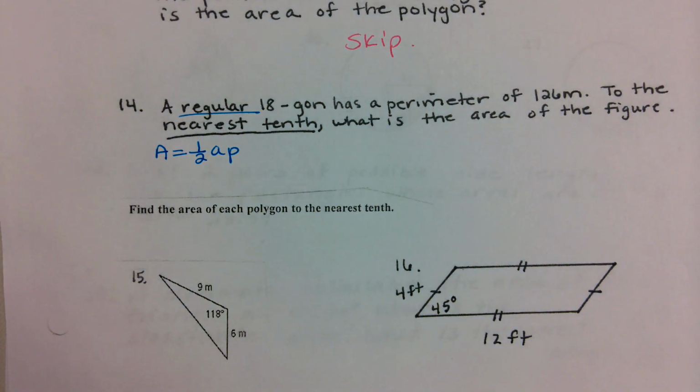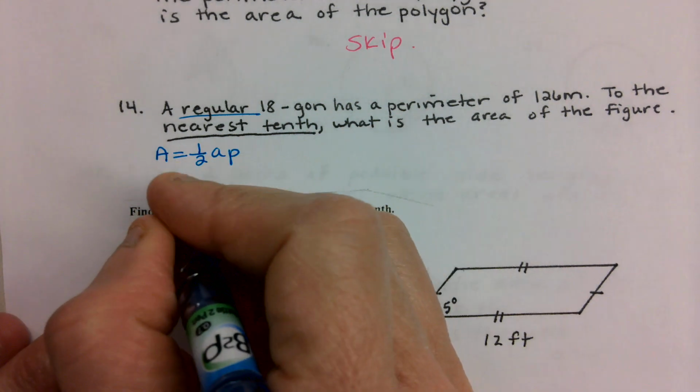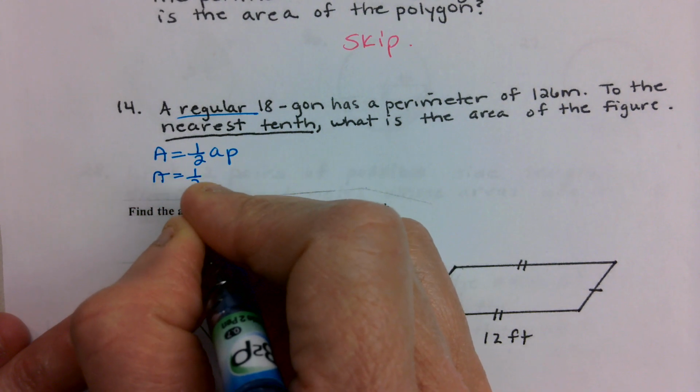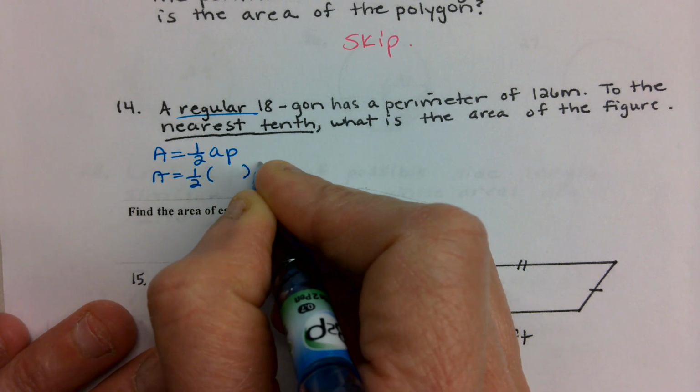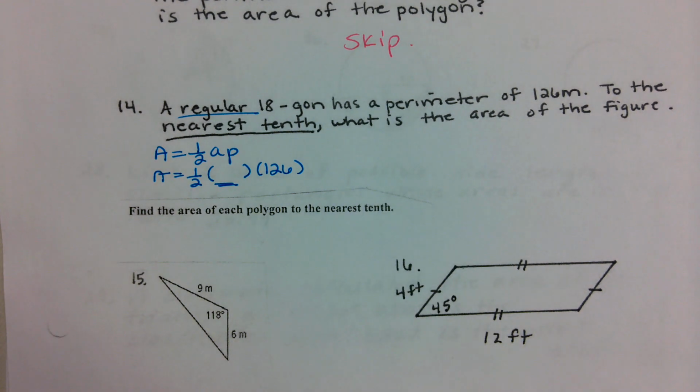So there's my formula for area of a regular polygon. The perimeter is 126. Well, that's nice. So I just need the a, and then I'll be able to answer the question.